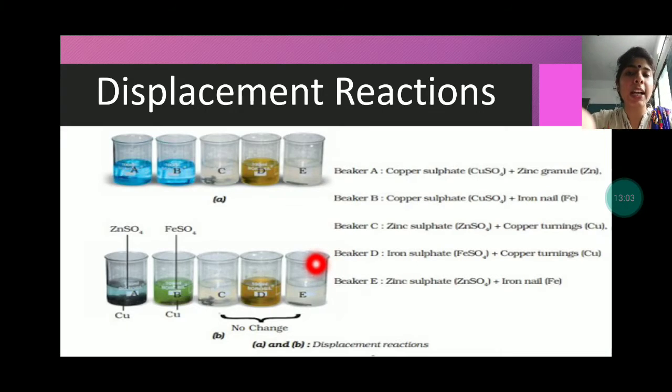Two reactive metals, but let us see which is more reactive. There is a zinc sulfate solution and an iron nail in it, but there is no change. So we can come to know that zinc is more reactive than iron as well as copper. Iron is more reactive than copper, and copper is less reactive than these two.